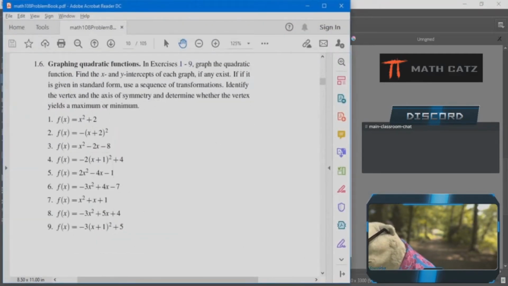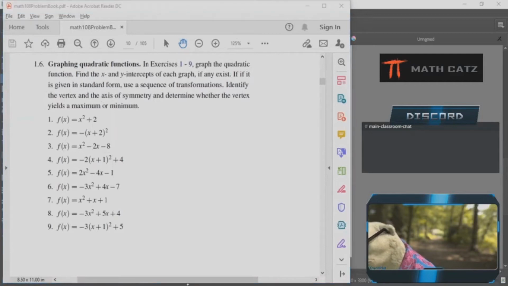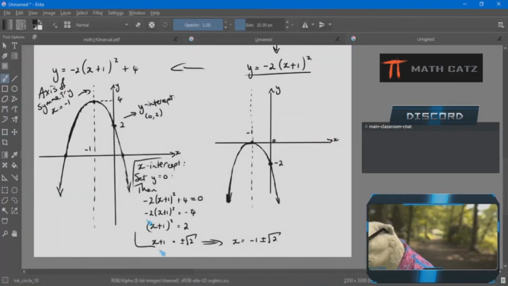What else do we have here? Is the vertex yielding a maximum or a minimum? Clearly, the vertex is the point (negative 1, 4), and it yields a maximum because it's the highest y value that I can get.